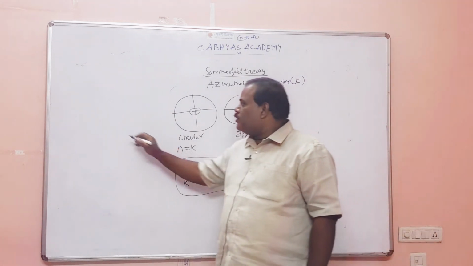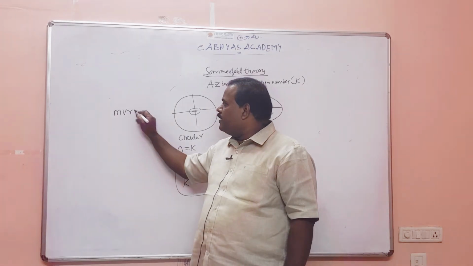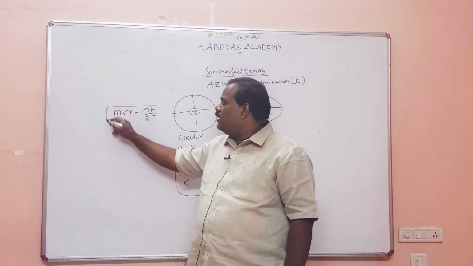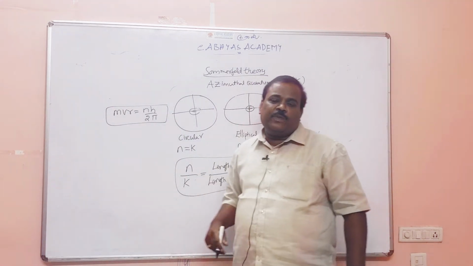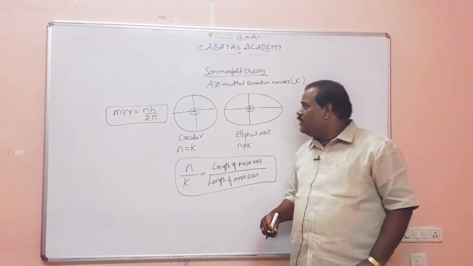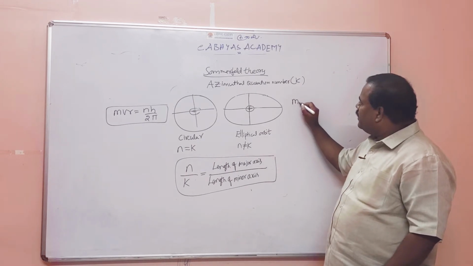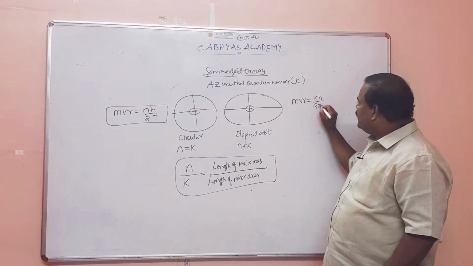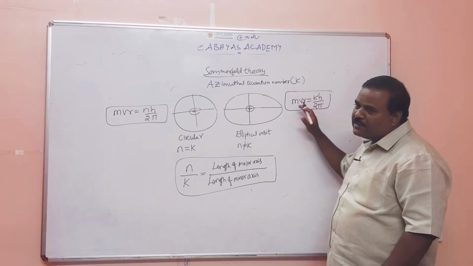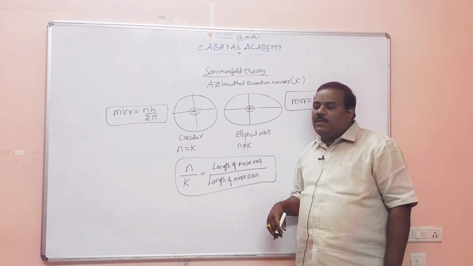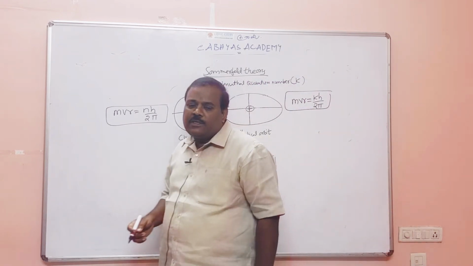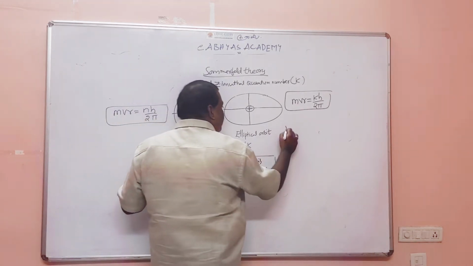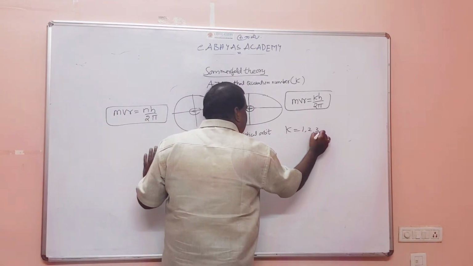And we learned according to Bohr's theory in a circular orbit, angular momentum of revolving electron, mvr, is equal to nh by 2 pi, where n is principal quantum number. Whereas in elliptical orbit, mvr is equal to kh by 2 pi, where k is called as azimuthal quantum number. This azimuthal quantum number denoted as k can have values 1, 2, 3 and so on.